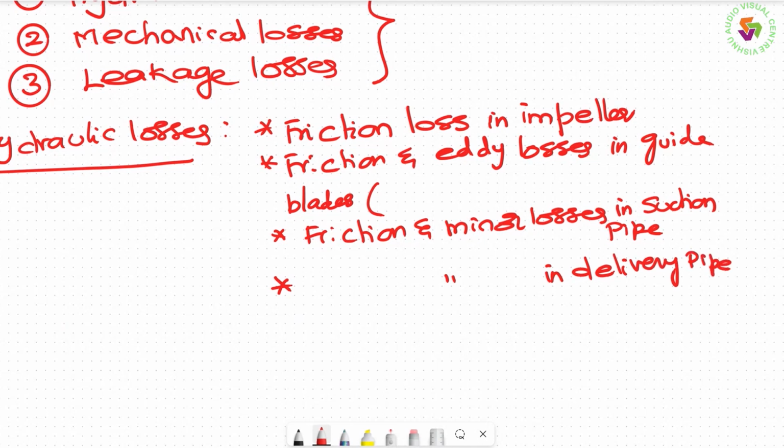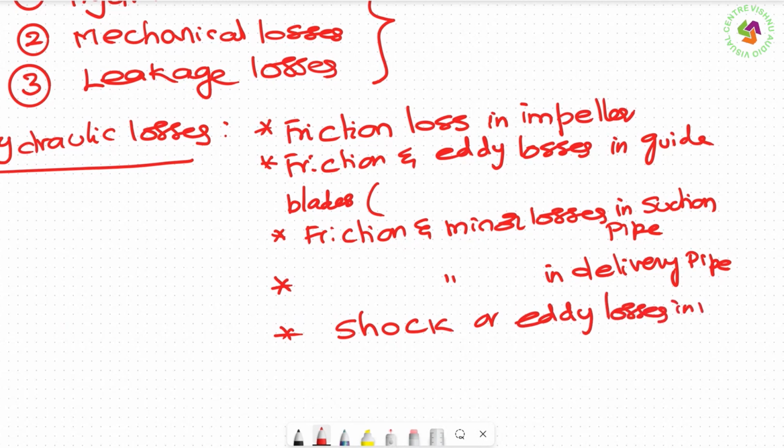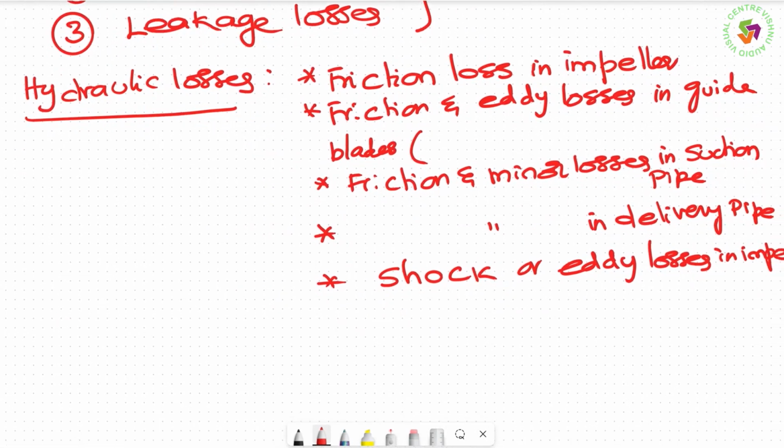And any shock or eddy losses in the impeller due to vibration or anything. So these are the various losses that we come across in the case of a centrifugal pump.